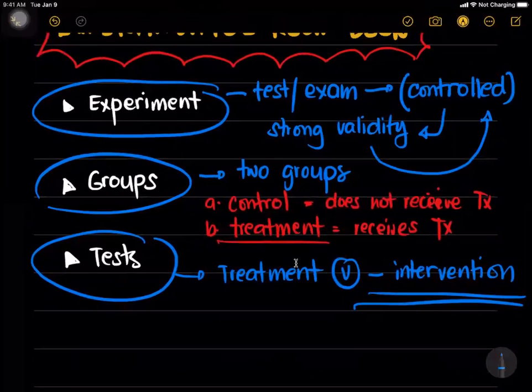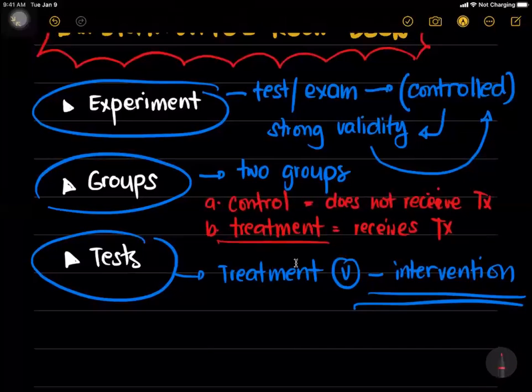Remember that the intervention should be something different, something new, or something that does not exist in the natural setting where the variables are located. So you introduce a novel variable and see how the other variables interact with that new variable that you have introduced.